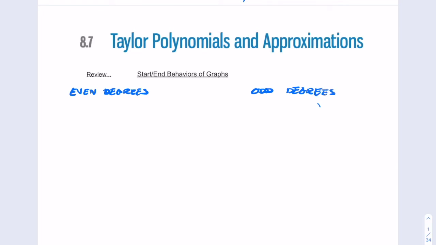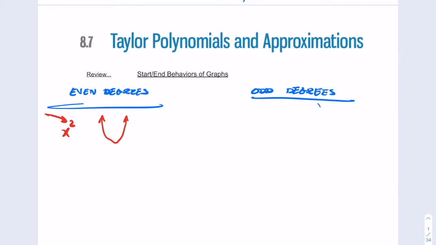So if you ever forget, you could always think about the two most common ones. The most popular even degree is x squared because it has an even degree. So x squared, you guys know, is a parabola. Okay. So anything with the even degree is going to behave the same way.